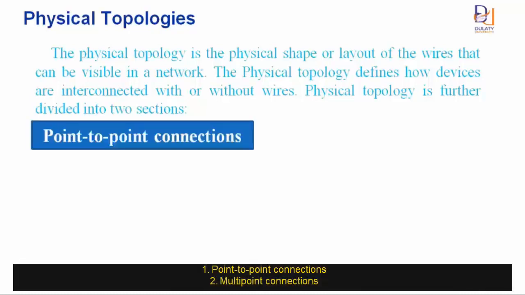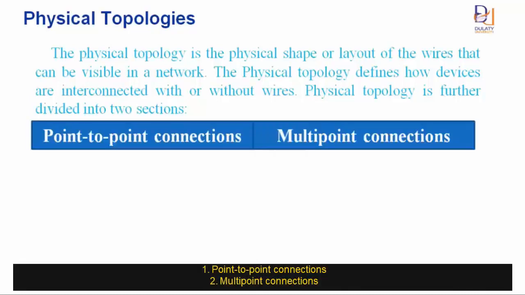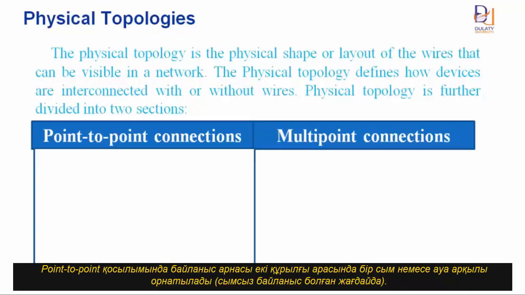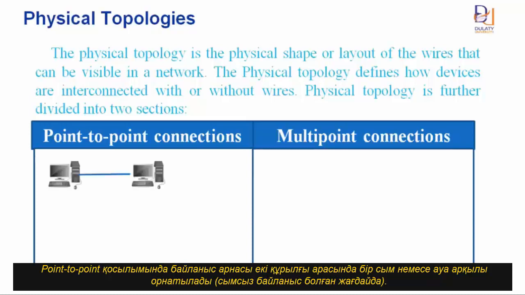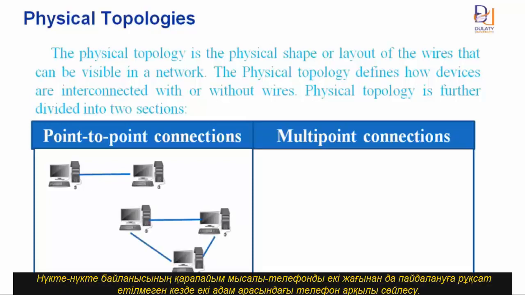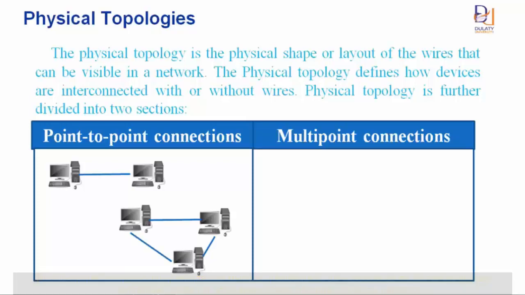First one, point-to-point connections, and second one, multi-point connections. In a point-to-point connection, a communication link is established between two devices with one wire or air. A simple example of point-to-point connection is talking over telephone between two persons where anyone else is not allowed to use the phone on either side.